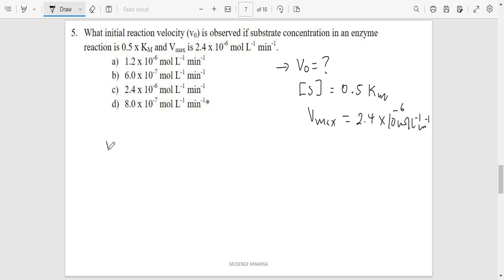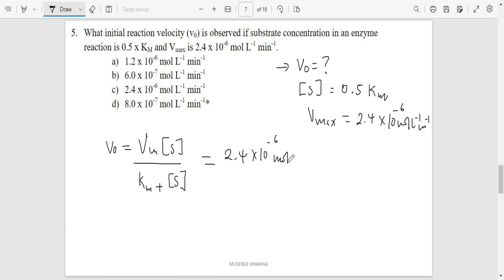We already know that V0, which is the initial velocity, is given by maximum velocity multiplied by the concentration of the substrate divided by Km plus the concentration of the substrate. So then V initial is going to be maximum velocity, that is 2.4 multiplied by 10 to the power negative 6, in mole per liter per minute.